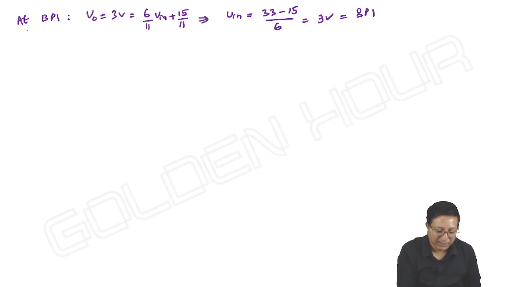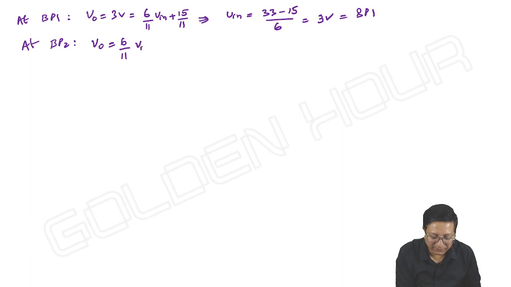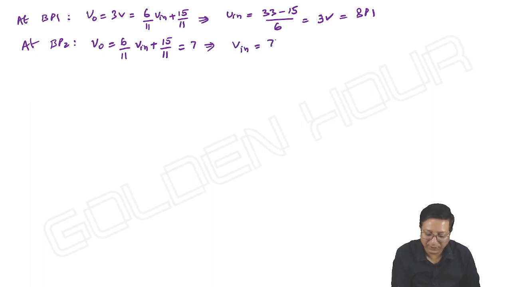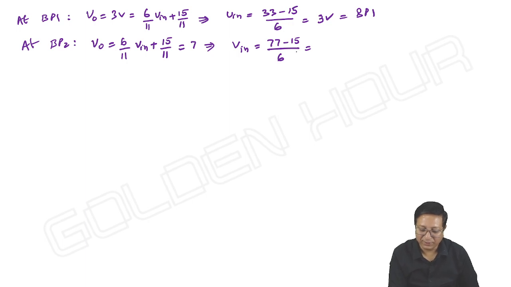Next, at breakpoint 2, output is equal to 6 by 11 times V input plus 15 by 11. Also, it is equal to 7. Implies V input is equal to (77 minus 15) by 6. It is 62 by 6, which means 10.33 volts, something like this, which is our breakpoint 2.